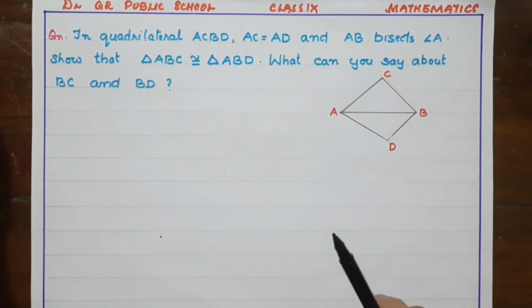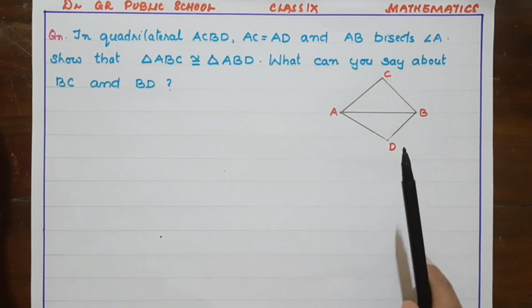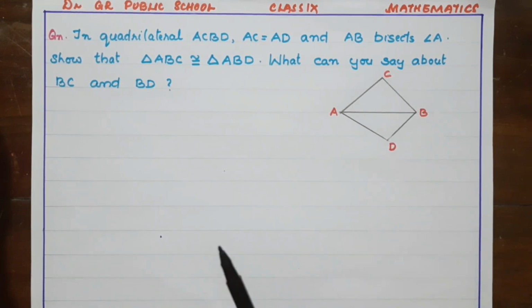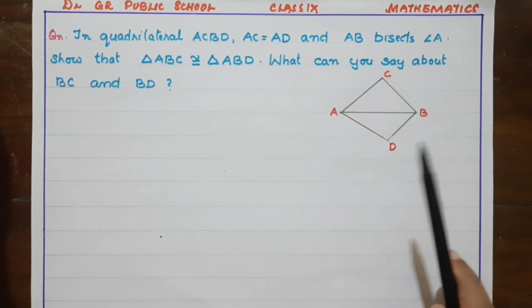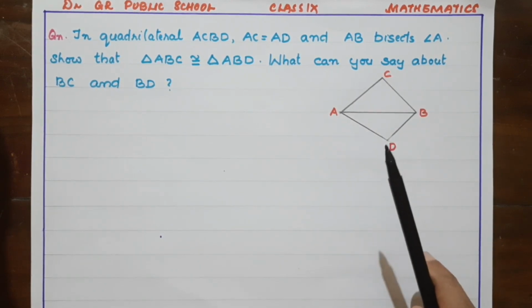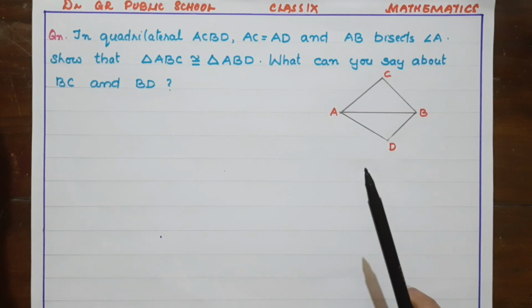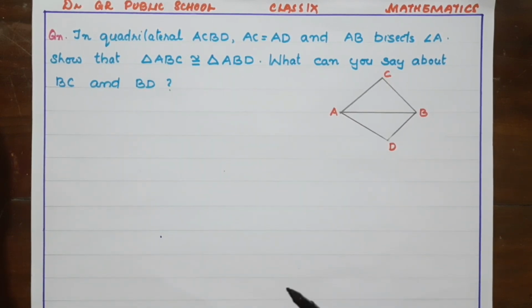Sometimes you may have to apply properties of vertically opposite angles or properties of angles made by parallel lines. All these you have to apply to prove the equality for congruency. Now let's verify this question.